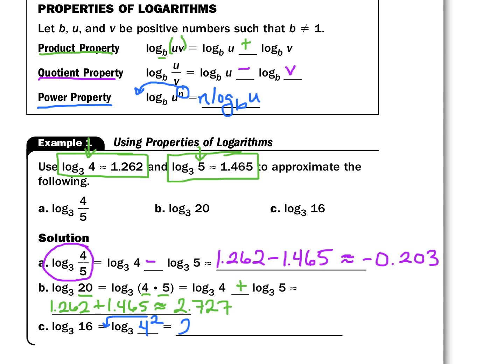So it becomes 2 times log base 3 of 4, which would be approximately 2 times 1.262, and 2 times 1.262 is approximately 2.524. Okay?